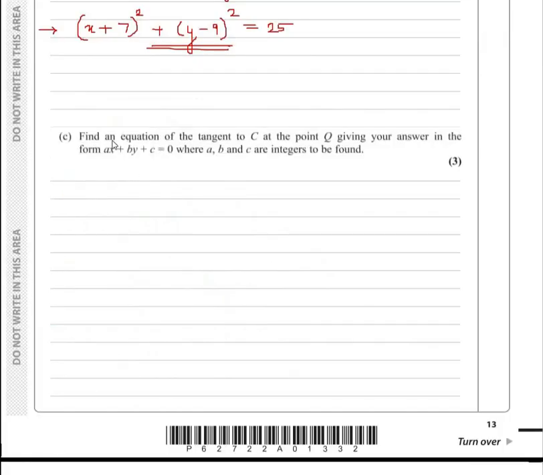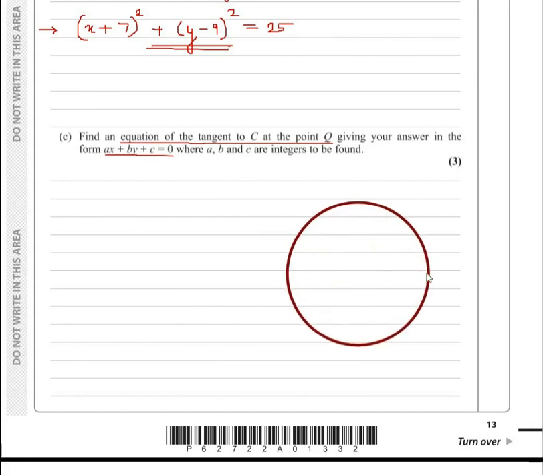Now let us look at part C of the question. Find an equation of the tangent to C at the point Q, giving your answer in the form ax + by + c = 0, where a, b and c are integers to be found. So it is the same circle which we had drawn.